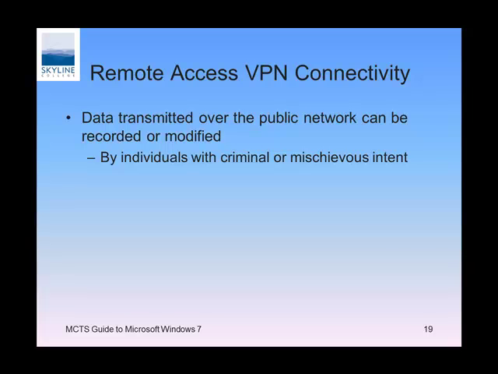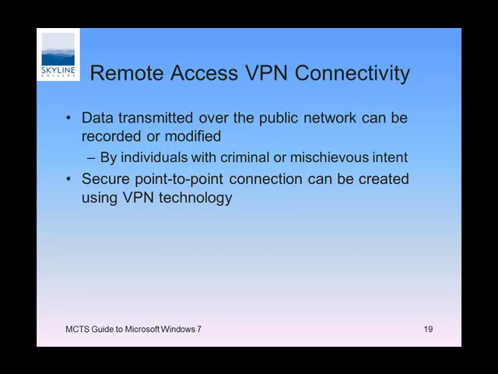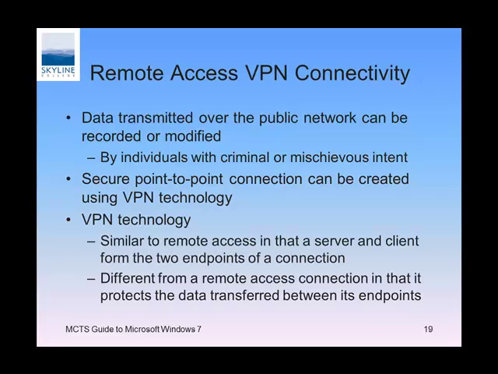What makes it private is we actually encrypt the packet and put an unencrypted IP address, a routable IP address on it. Because if we encrypt everything and try to send it out, the routers aren't going to be able to route it. So it's going to be a secure point-to-point connection.